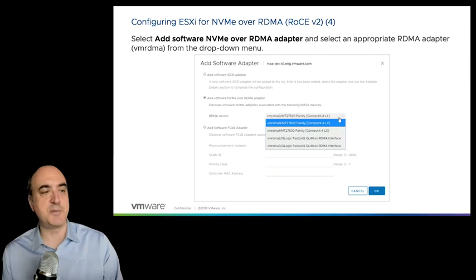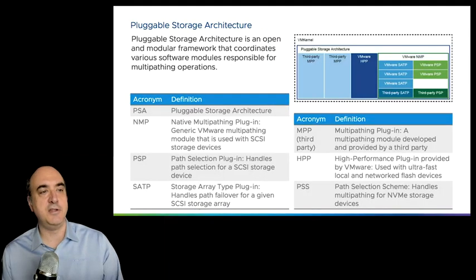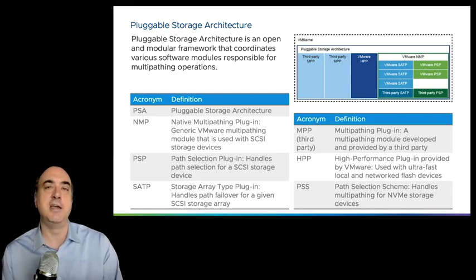Then you can fill out the rest under the traditional storage adapters. It's going to create vmhba64, unless that's already taken, because it's a software adapter. Then you have all the rest of the configuration for the devices, and perform a rescan so that you'll see the different NVMe namespaces.